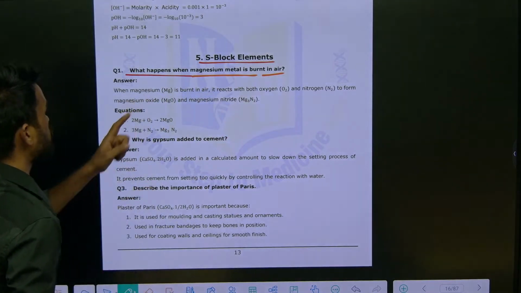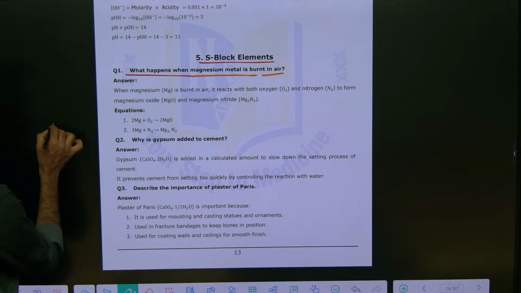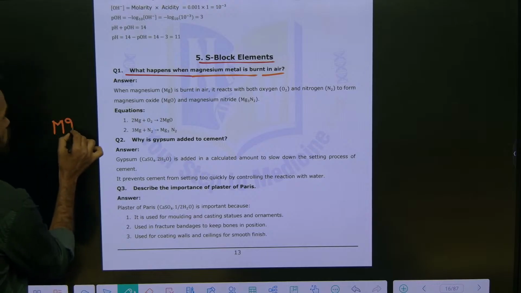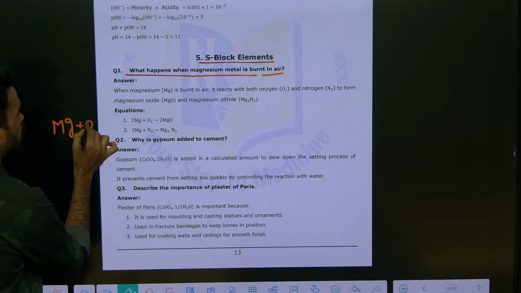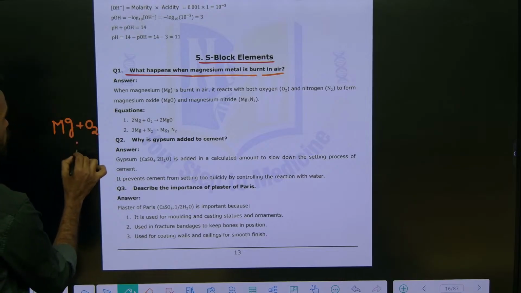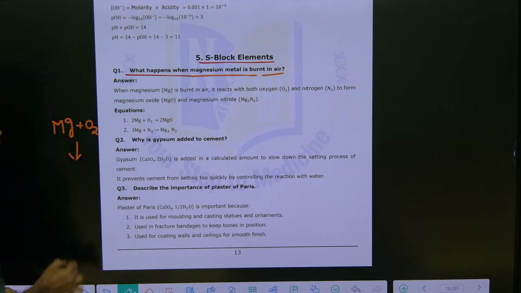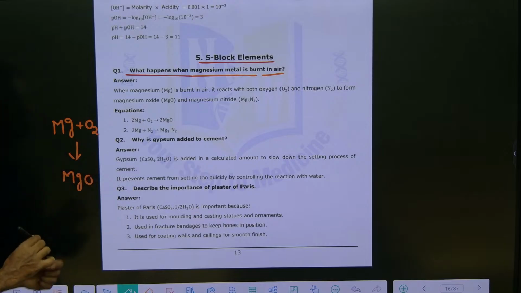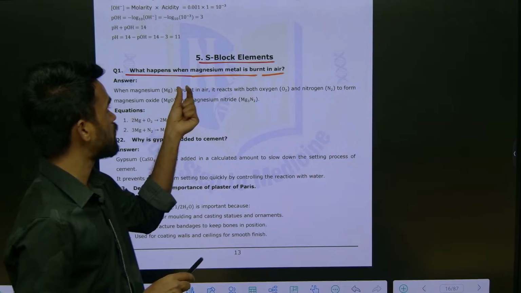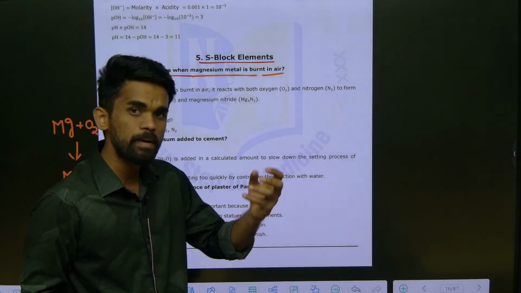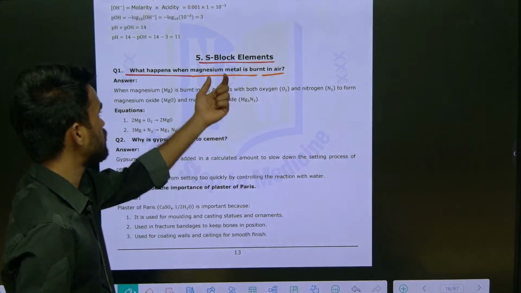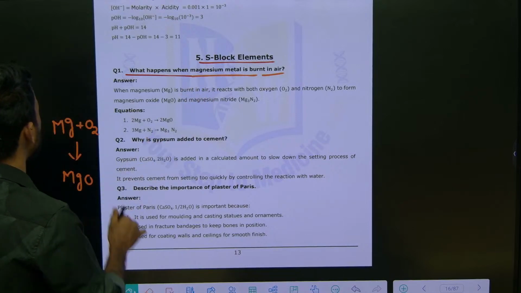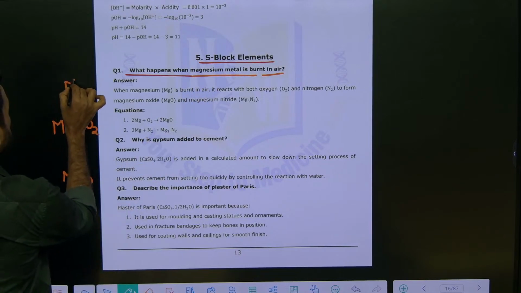Now they are asking what happens when magnesium metal is burned in air. Magnesium belongs to second A group, and its atomic number is 12. When it is exposed to oxygen in air, it will form the oxidized product, magnesium oxide. Remember, all these alkaline earth metals, when they combine with any other species, will be in +2 oxidation state.